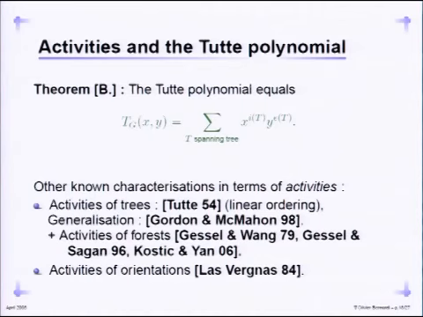And I should also mention along this line that there is a work by Las Vergnas that gives a kind of activities for orientations and gives a characterization of the Tutte polynomial in terms of these activities of orientations.